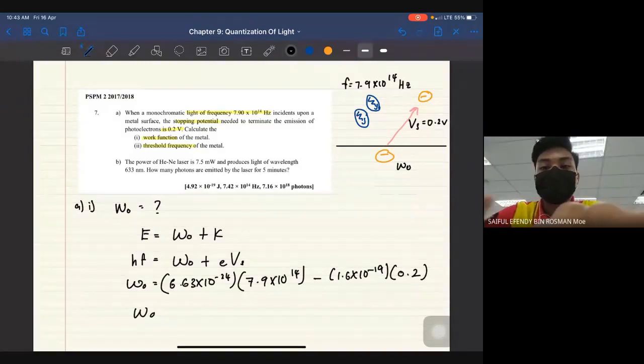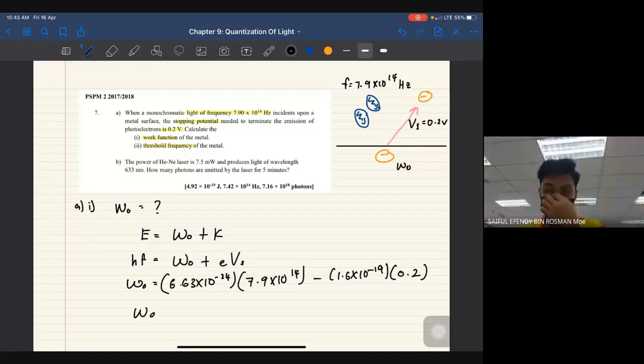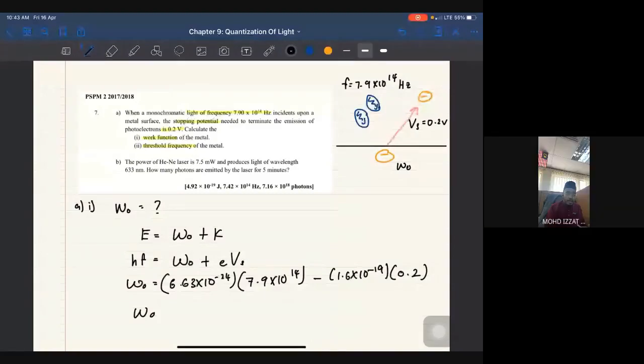Dapat sir. Saya dapat. Dah. Ah, mana saya tak dapat? Jawapan yang saya ada ni salah. Anyway, okay, double check.